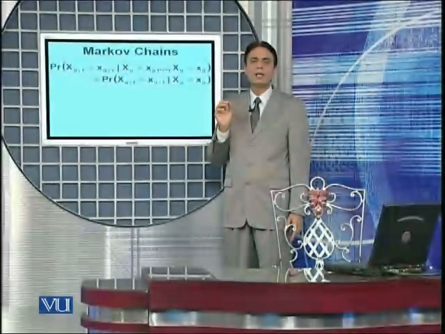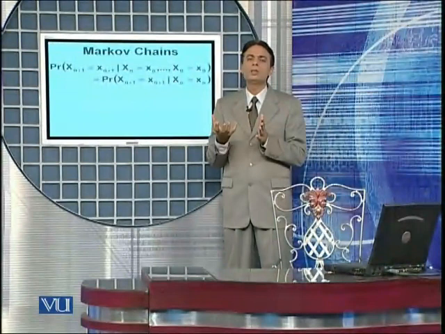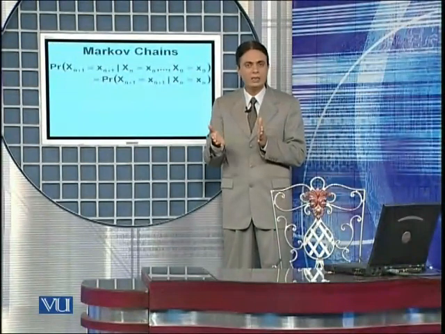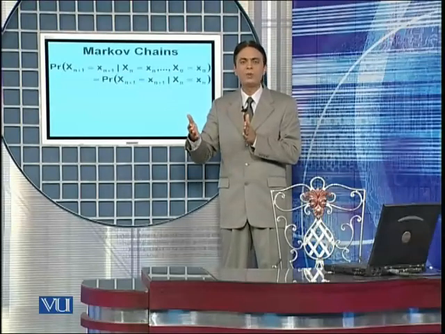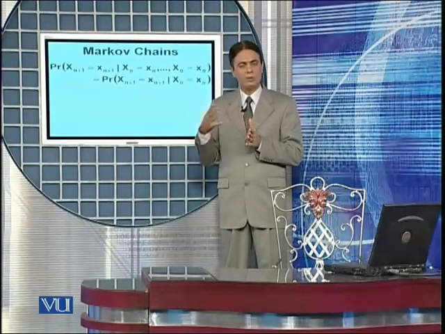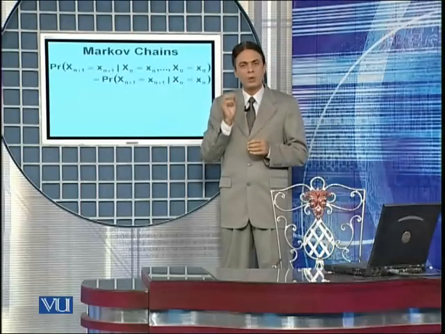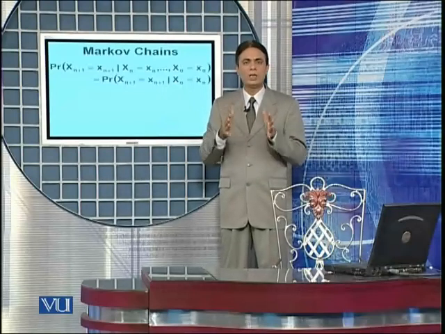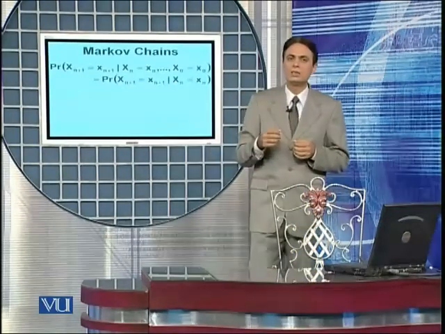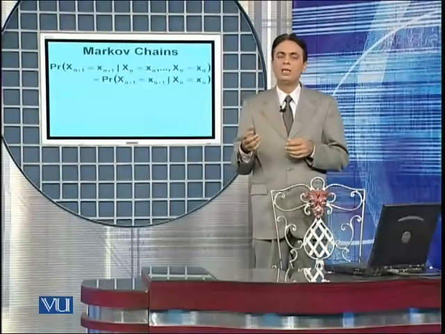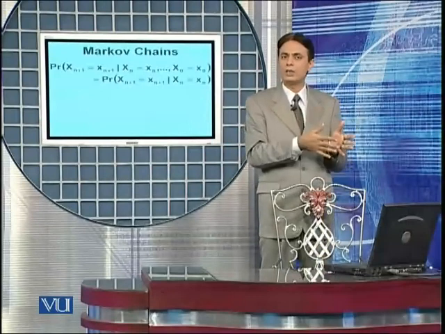Think about that gambling situation. Capital X3 is your net holdings at the third time instance after 3 games have been played, and capital X4 was your net possessions after 4 games have been played. So this equation is not saying that your net holdings at the 10th time instance, when 10 games have been played, are not a function of your possessions after 5 games or 4 games.